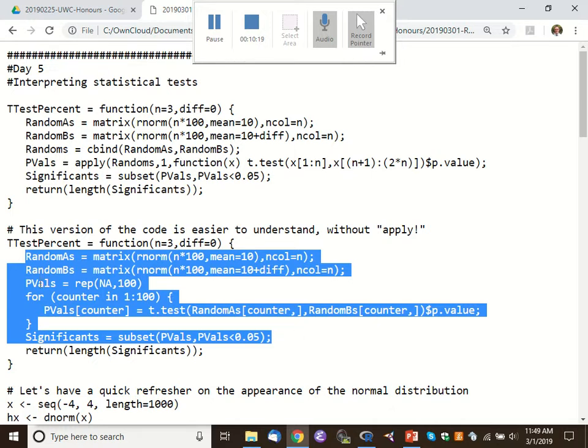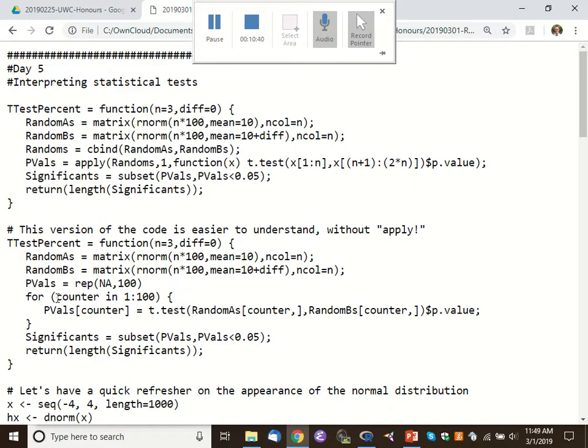So we're going to start by creating a vector called p-vals, and it has 100 rows, and every one of those is a not applicable. Everyone sees that? So to start, it's just an NA, all the way down 100 rows. And now we're going to count through the number of rows, which you remember is 100. We're going to perform 100 t-tests every time this runs.